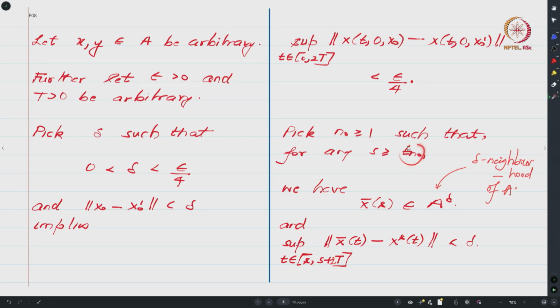We are picking n0 such that both conditions simultaneously hold. Such a t_{n0} should exist because we have previously shown that the tail lies in the delta neighborhood, and also that as s becomes larger and larger, this goes to 0, hence eventually this should also be less than delta. So indeed such a t_{n0} exists.